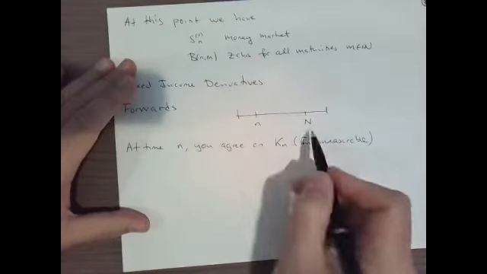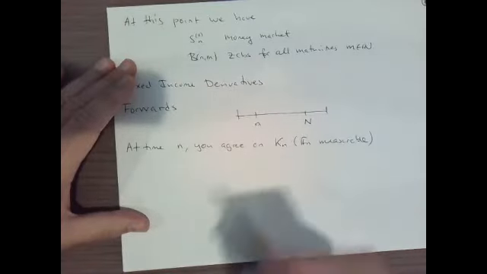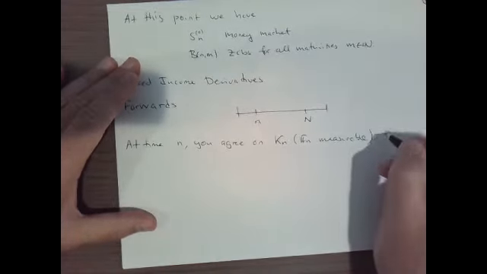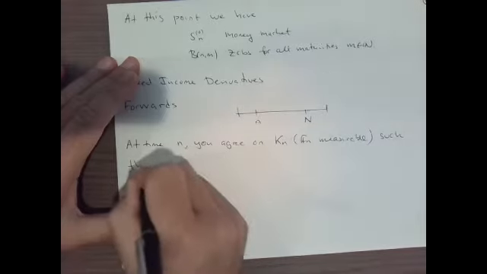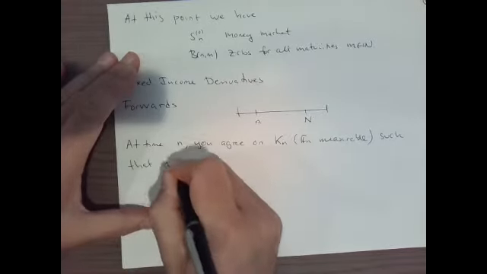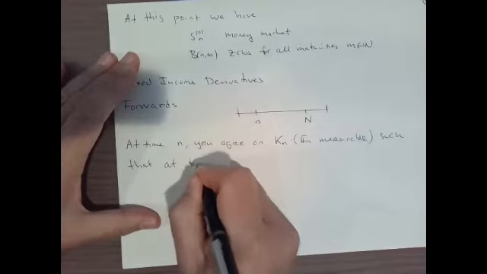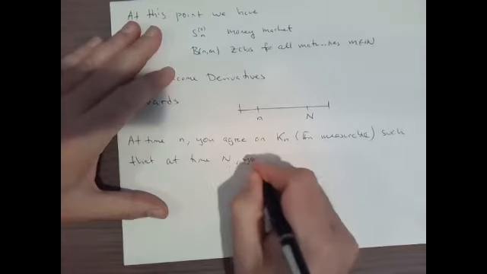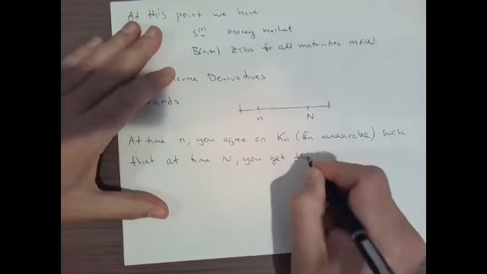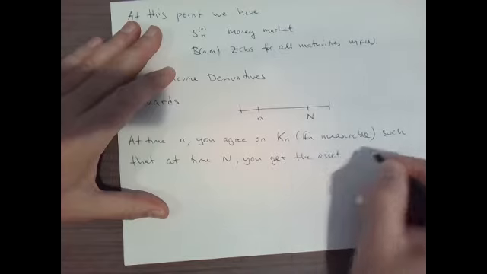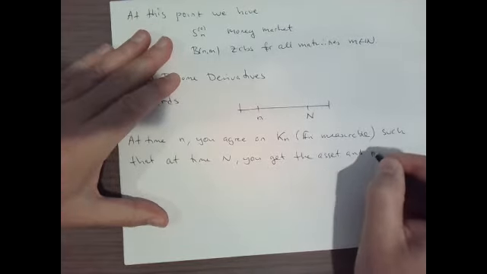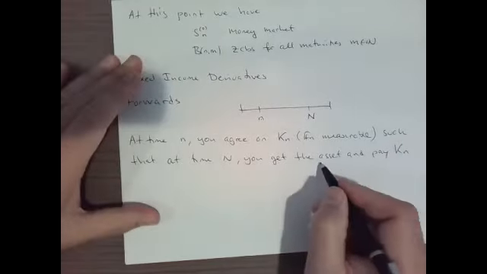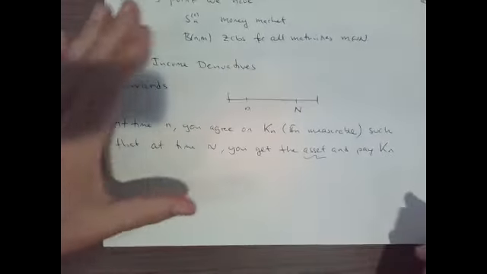So you're sitting here, you're agreeing on, I shouldn't say constant here, you're agreeing on an Fn measurable random variable such that at time N, you get the asset and pay Kn.